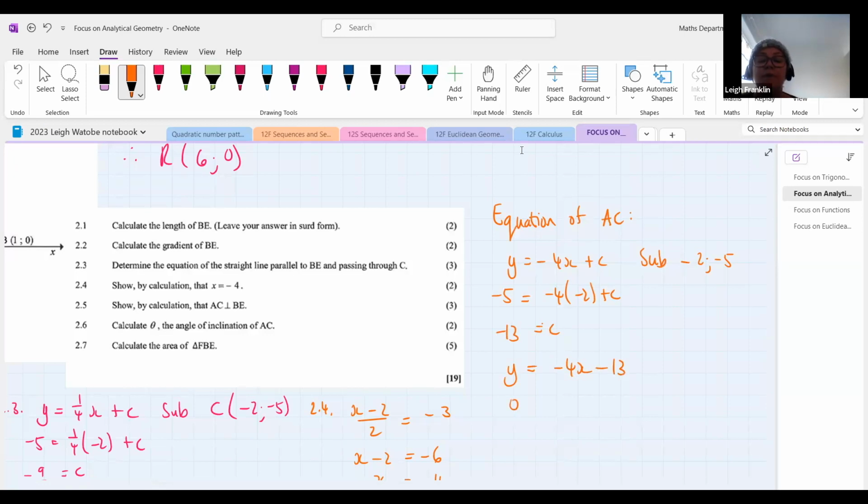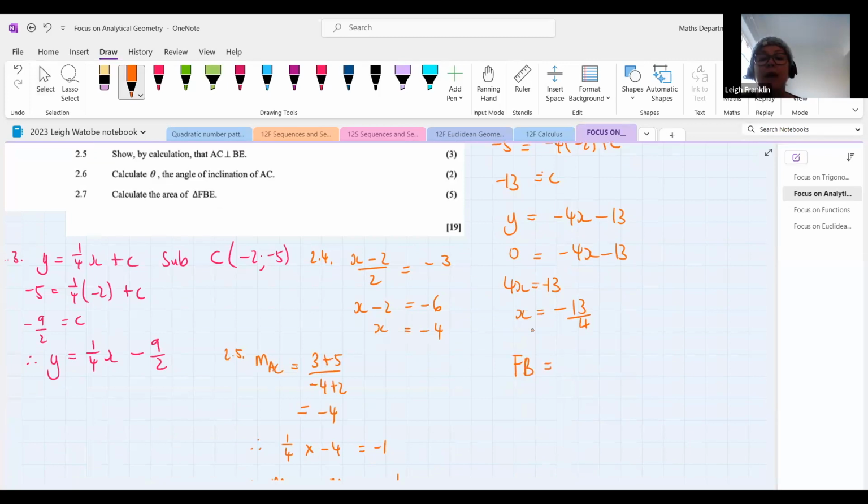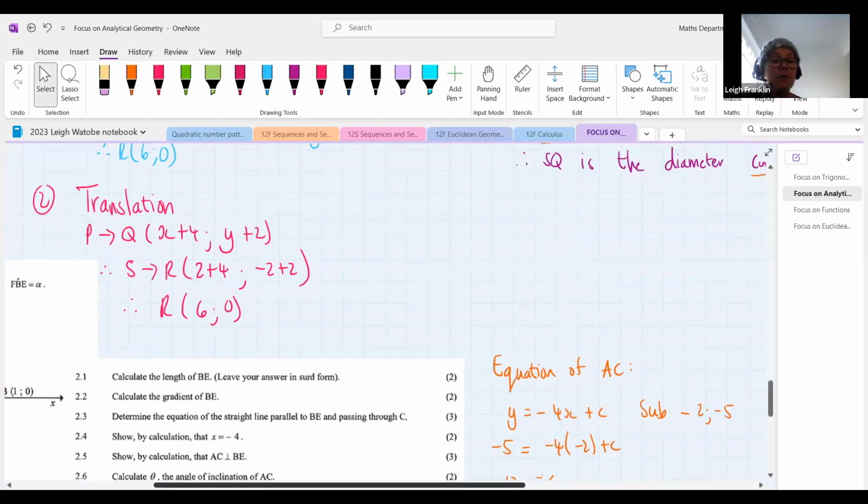So to work out the coordinate at F, it's an x-intercept, y is 0. So 4x equals -13. So x would be equal to -13 over 4. Now to work out the length of FB, at B, the coordinate was 1.